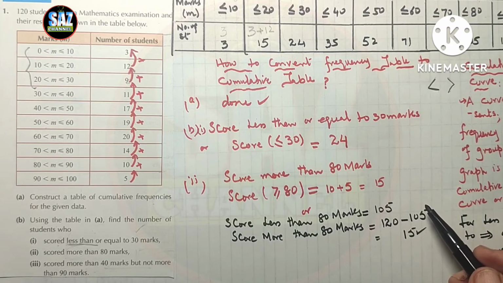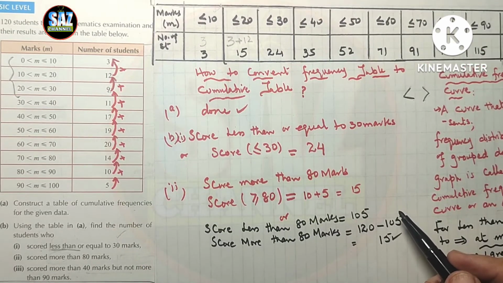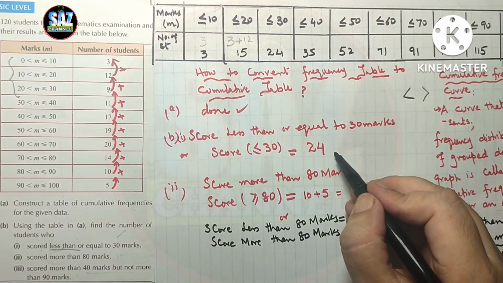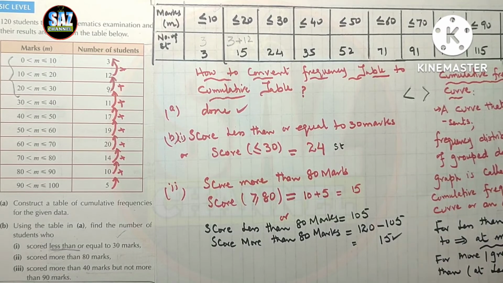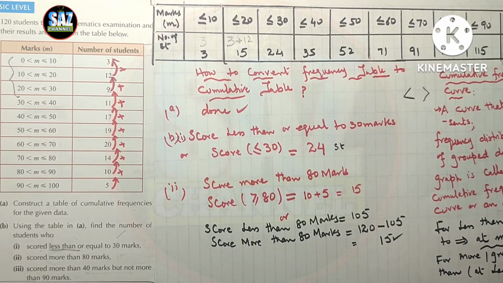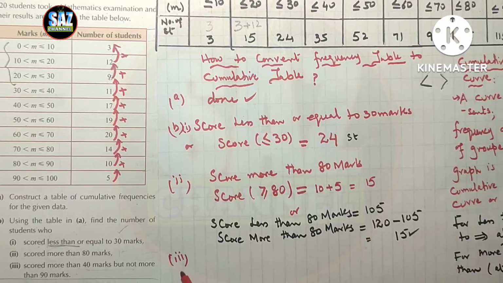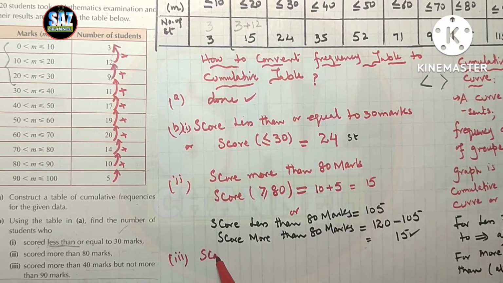Okay, as we have to find the number of candidates, these are the students who are scoring more than and the less than condition. So 24.